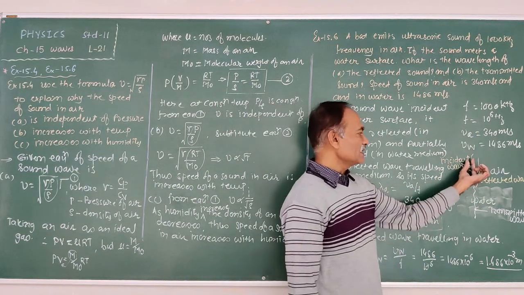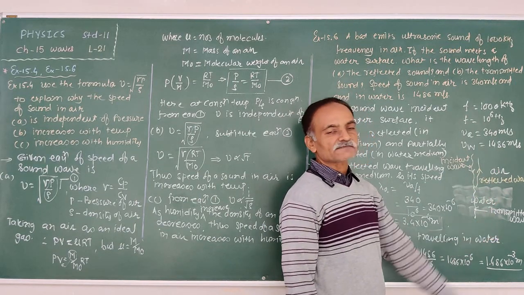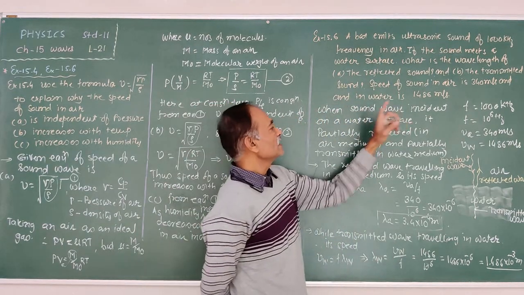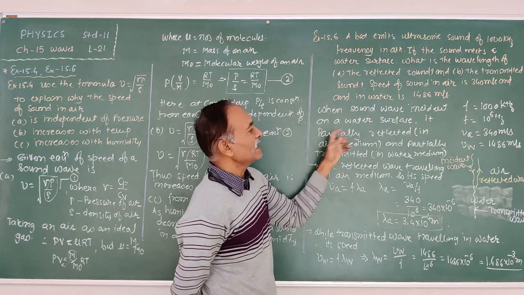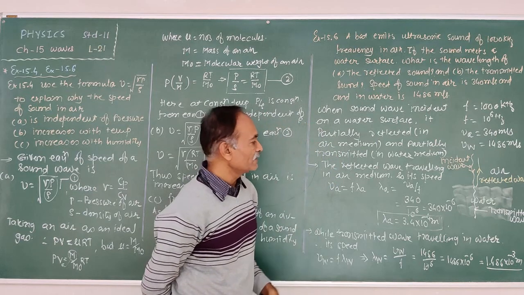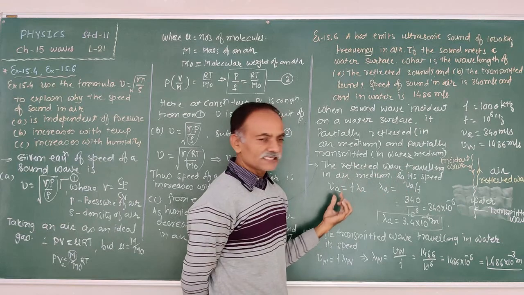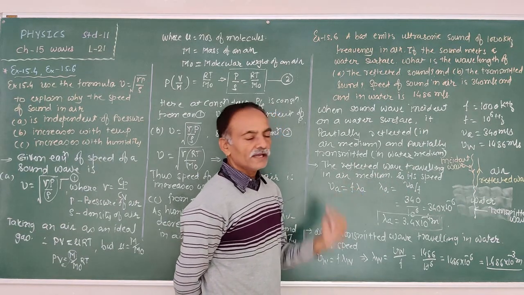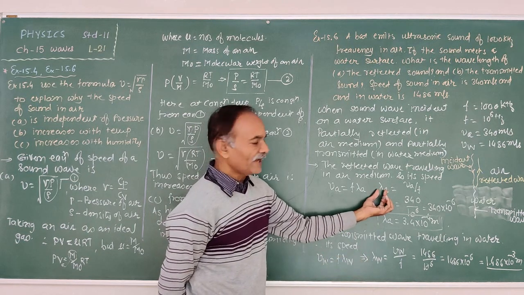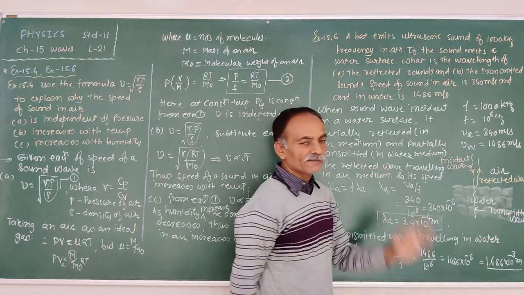Here the sound wave is incident on the water surface, partially reflected in air and partially transmitted in water. The reflected wave travels in air medium, so its speed VA is equal to F lambda A. A stands for the air medium. Therefore, wavelength of the reflected wave in air medium lambda A is equal to VA upon F.